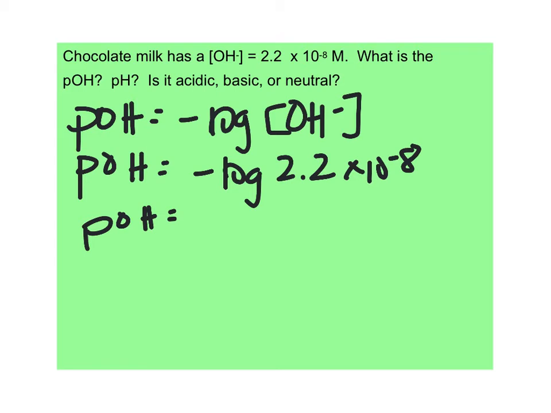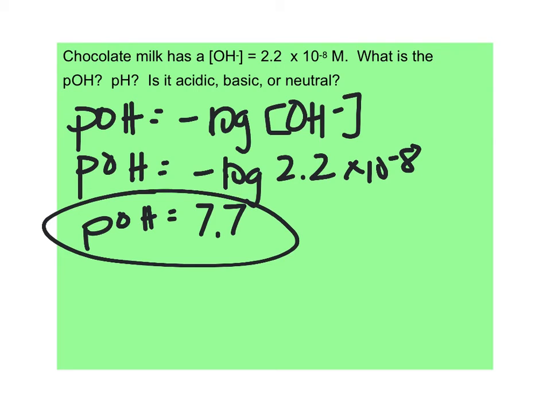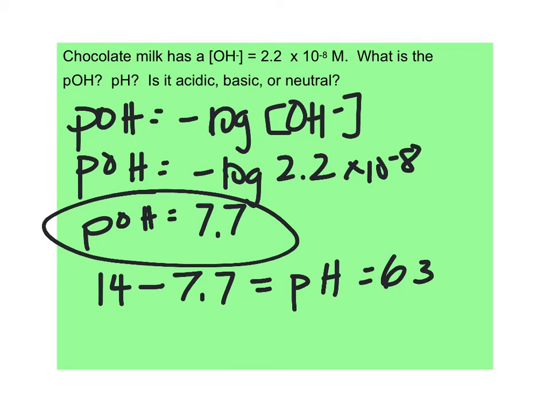You get a pOH of 7.7. For the pH, remember if we take 14 and subtract off the pOH, that will give us the pH, which is 6.3. That makes chocolate milk just slightly acidic, just under 7.